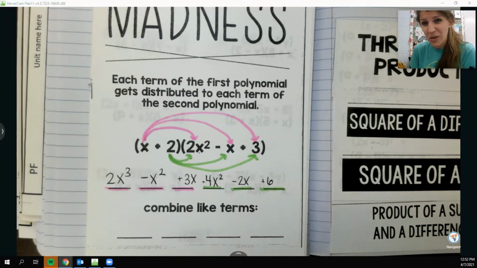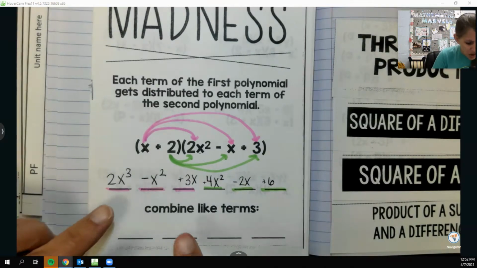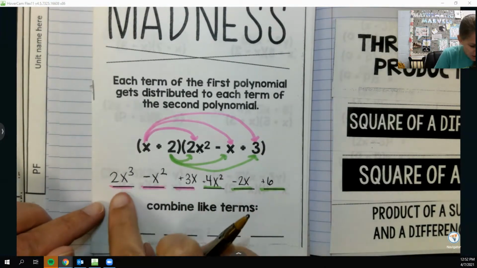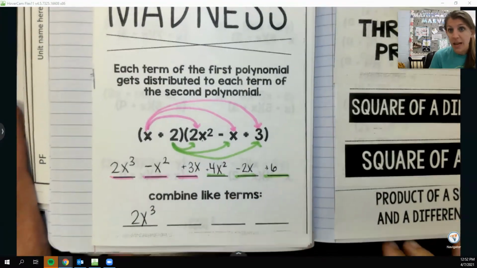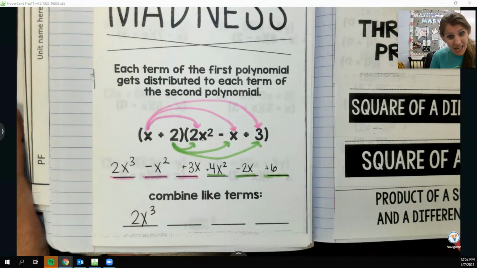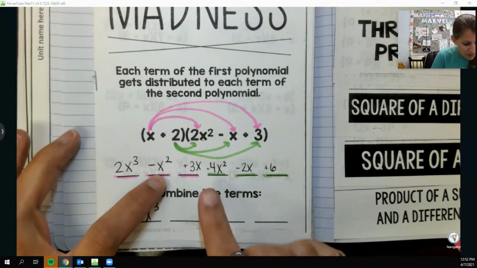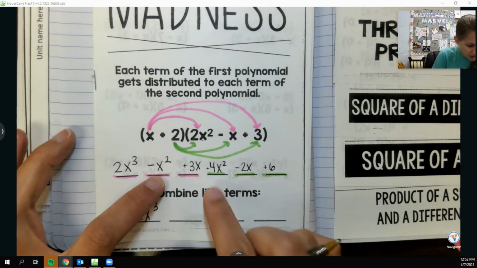Then we just want to go through and combine any like terms, and you will have like terms when you do this. So I don't have any x to the thirds except for that one, so it's going to stay 2x to the third. Then I want to look for my x squared so that we can stay in standard form, and I have negative 1 of them here and 4 of them there.